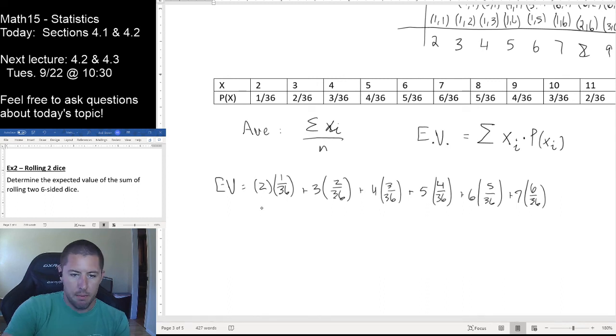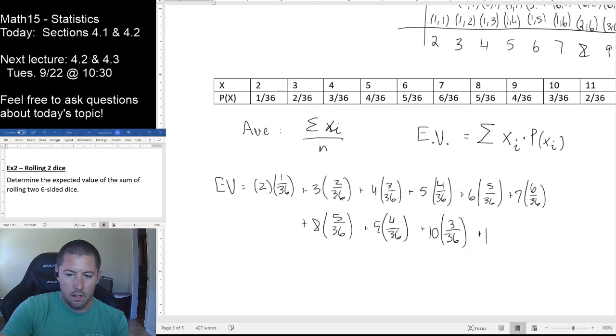So I'm going to keep on going here. We've got 8 has a 5 in 36 chance of occurring, 9, 4 in 36, 10, 3 in 36, 11, 2 in 36, and 12 is going to be a 1 in 36.